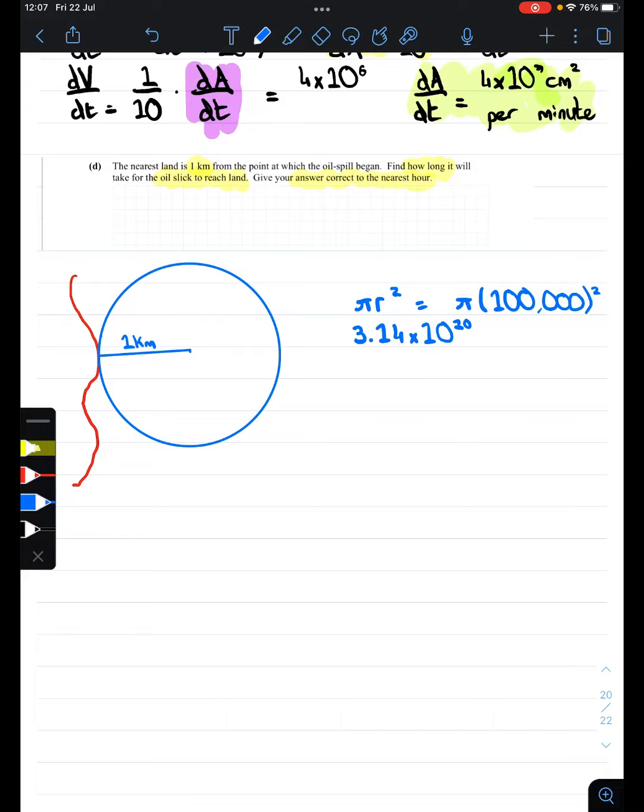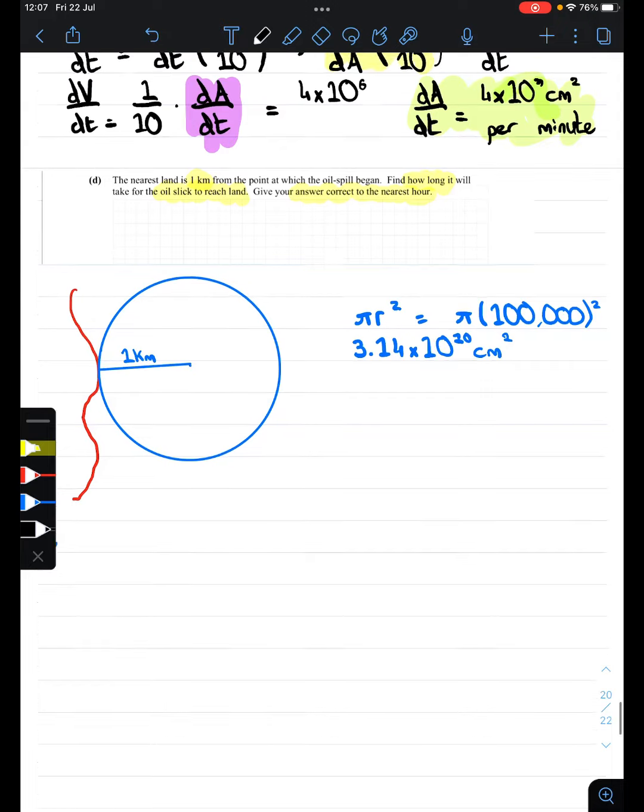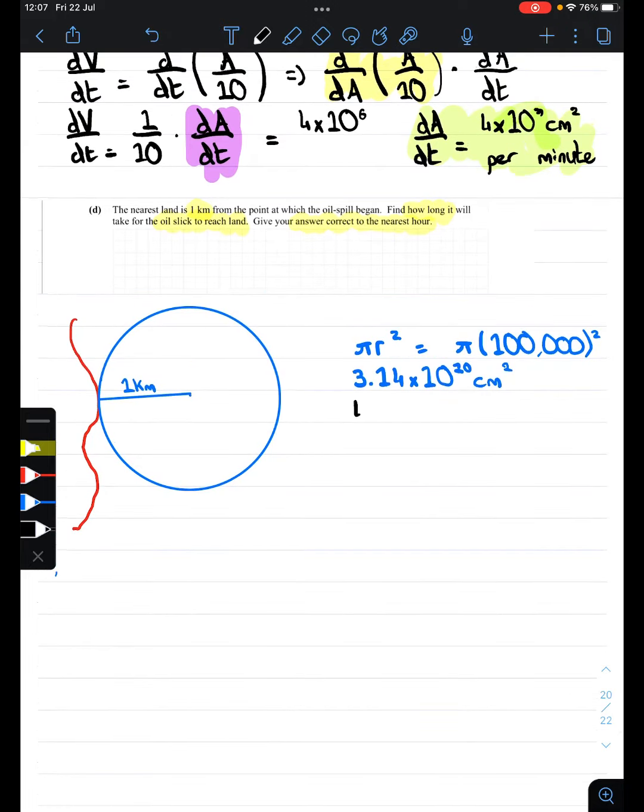Now, a nice way of thinking about this is, how long will it take for the area to reach 3.14 by 10 to the 10 centimeters squared? Well, we know the area is increasing from 0 at a constant rate of 4 by 10 to the 7 centimeters squared per minute. So if it starts at 0, and when it reaches land it's 3.14 by 10 to the 10, how long does it take to reach that?